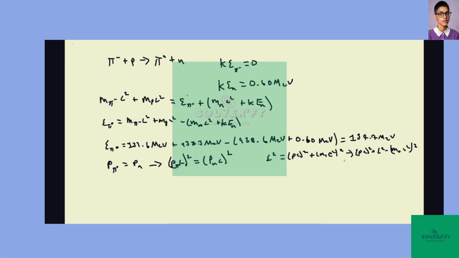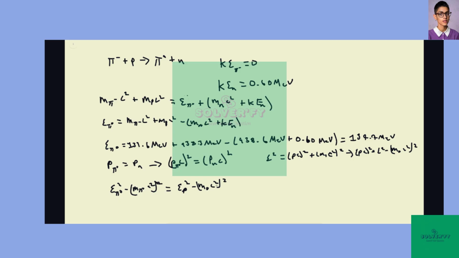Okay, so now we can plug that into both sides, and we now have the total energy of the pion squared minus its rest mass energy, (m pi neutral c squared) squared, is going to be equal to the total energy of the neutron squared minus its rest mass energy, (m c squared) squared.